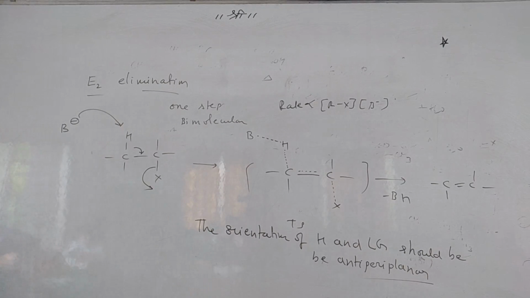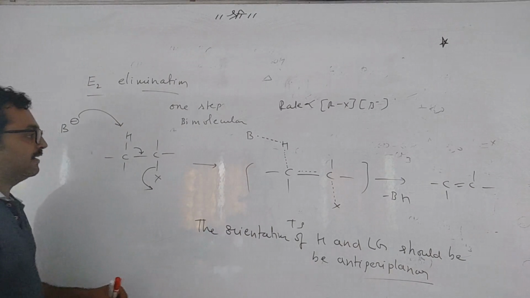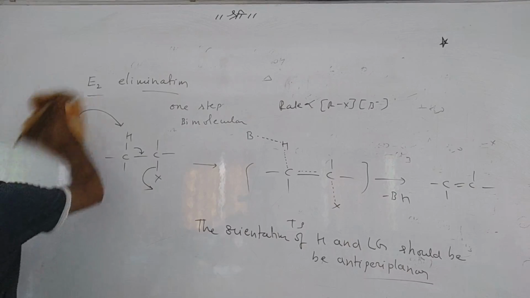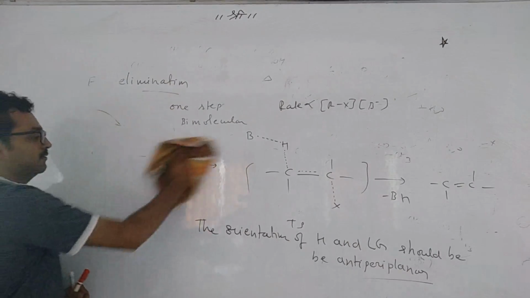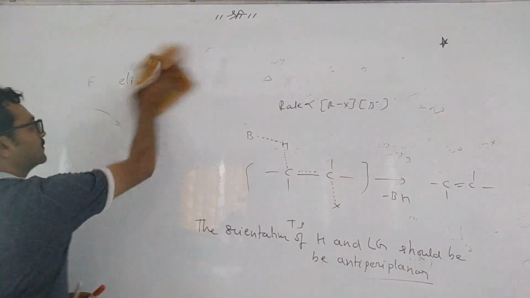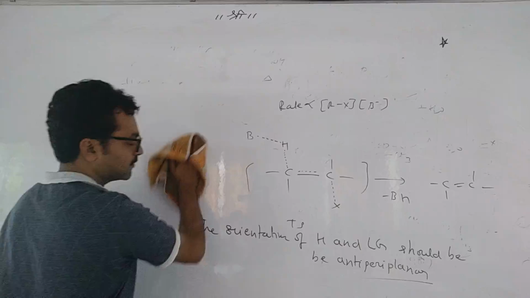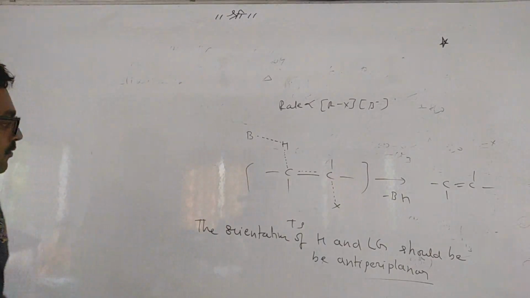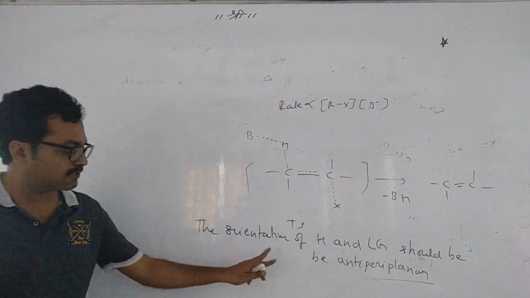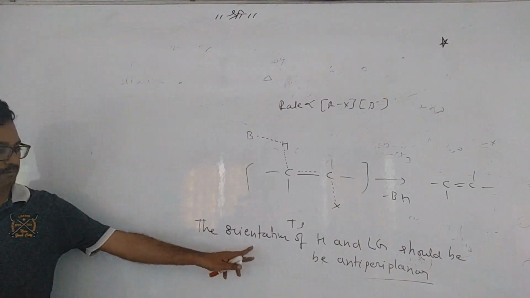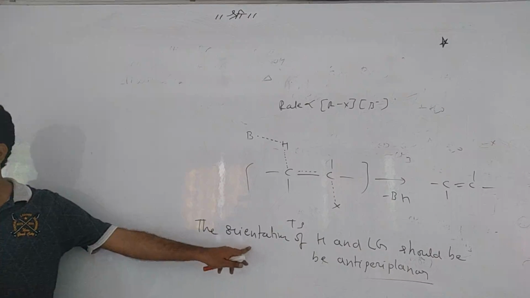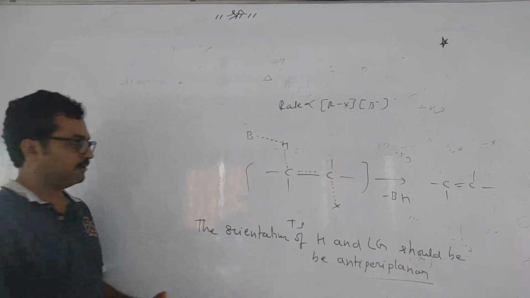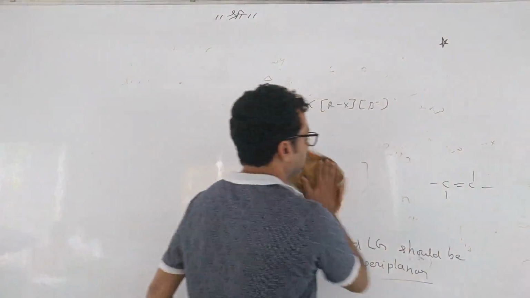What is Hofmann elimination and what are the conditions, we will see. Before going to that, based on this line I will give one question so that you will understand it better.